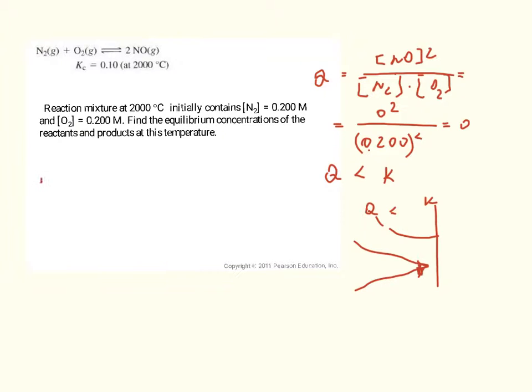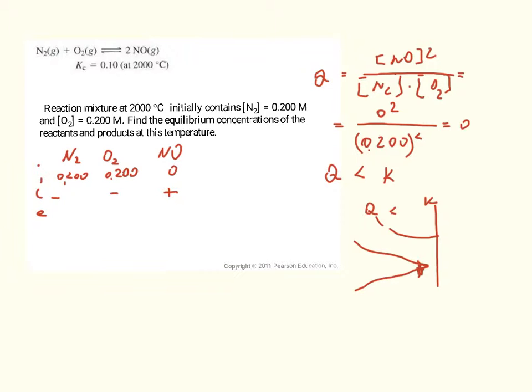Let us create our ICE table. Nitrogen, oxygen, nitrogen monoxide. Initial concentrations for both nitrogen and oxygen are 0.200 and 0 for nitrogen monoxide. The changes are negative for reactants and positive for the product.